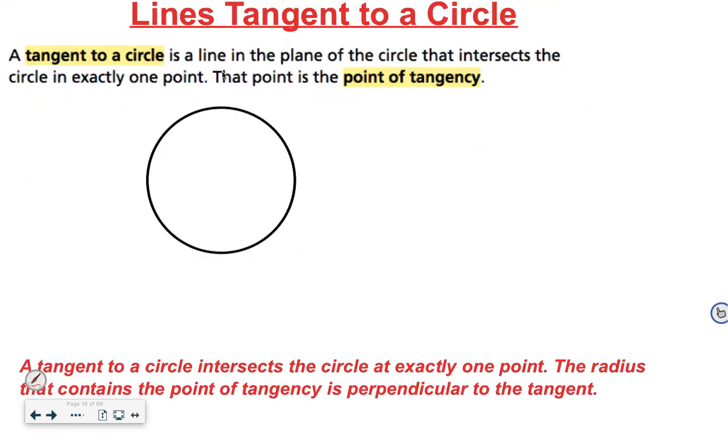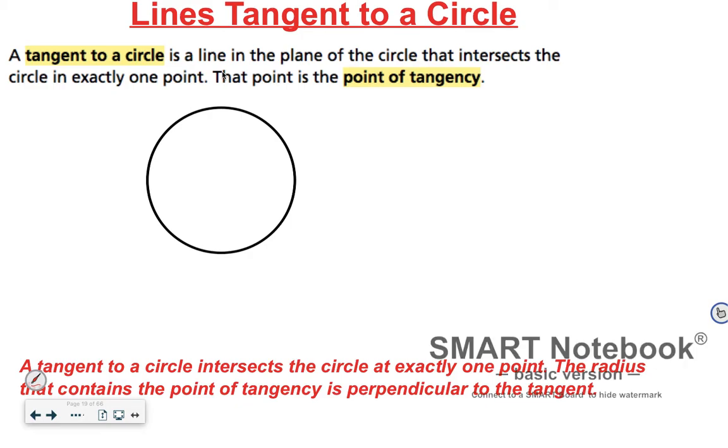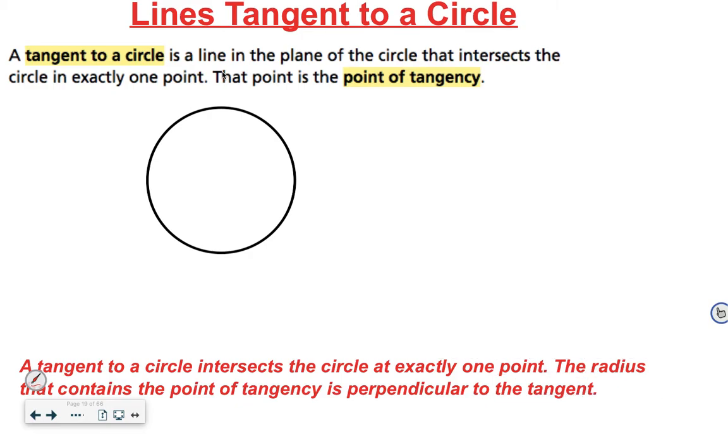Today, we are going to learn lines tangent to a circle. A tangent to a circle is a line in the plane of the circle that intersects the circle in exactly one point. This is important, in exactly one point. That point is the point of tangency. If I have a circle with the center of O, and this is the line which is called line of tangency.